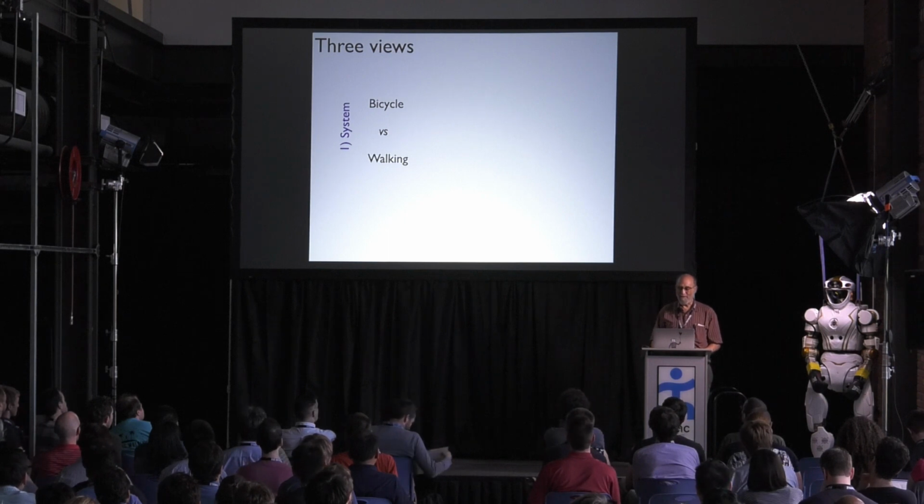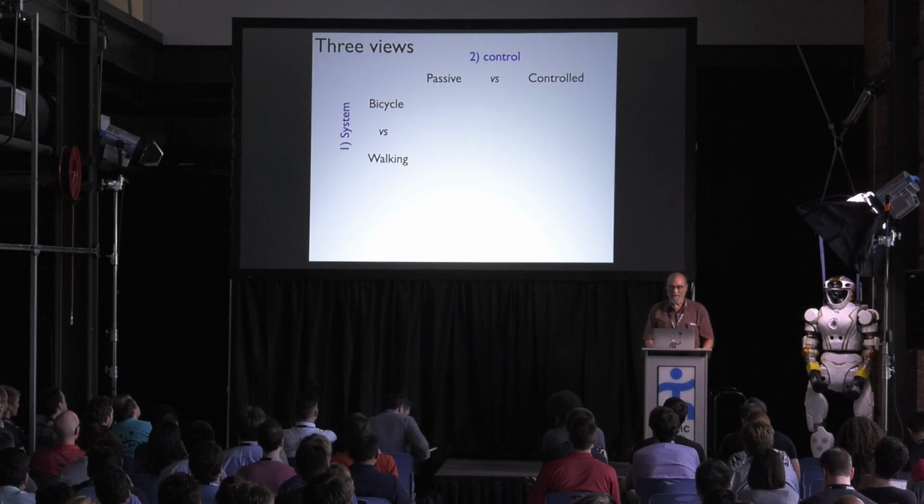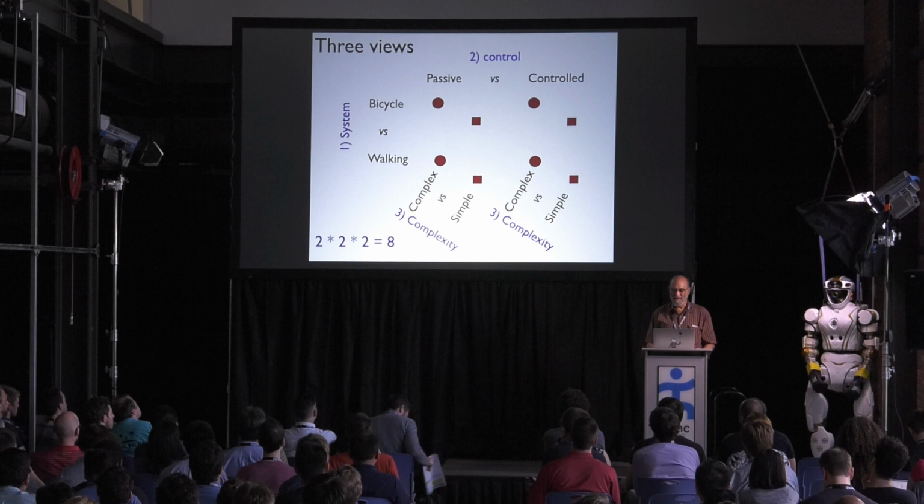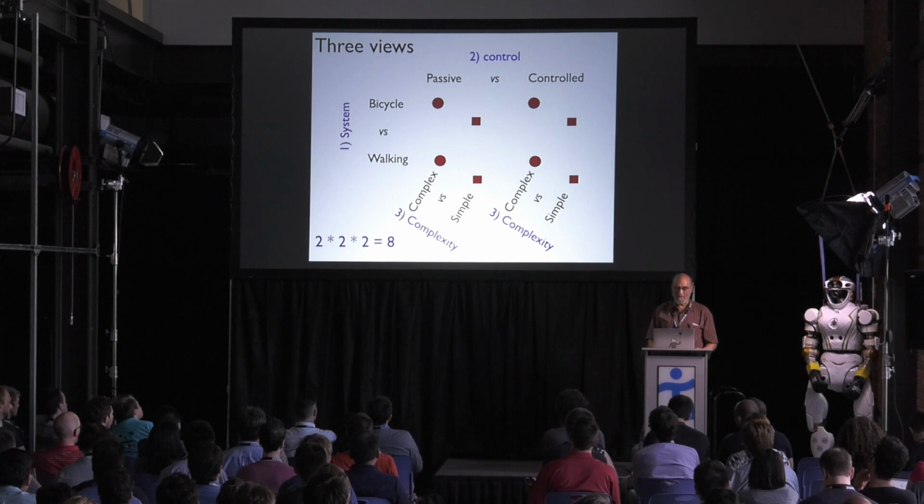You can look at bicycles versus walking and perhaps other models, but these are the two I'm going to talk about. You can talk about passive versus controlled, and then you can talk about simple versus complex. So these are these 8 different things we can look at and compare. But since I say that the story is the same for bicycles as for walking, we can just understand the story for bicycles and then see if the same holds for walking.